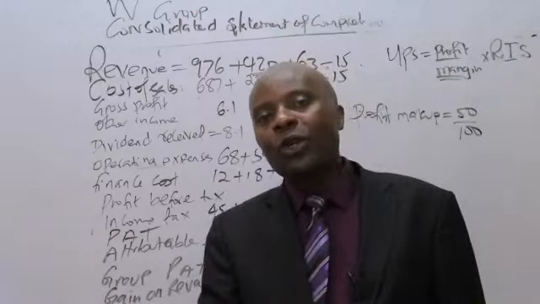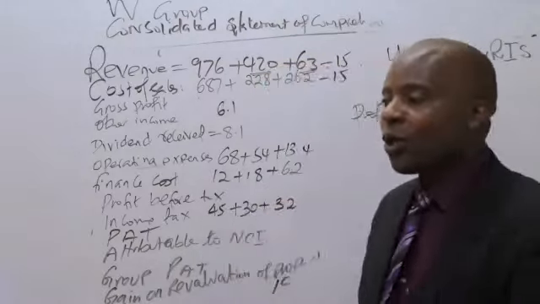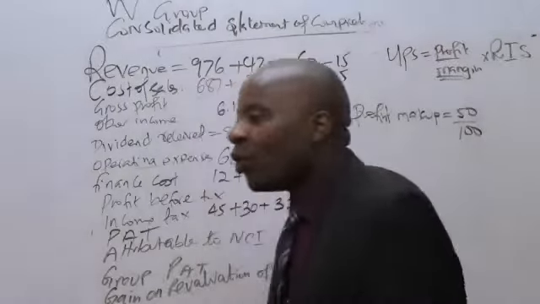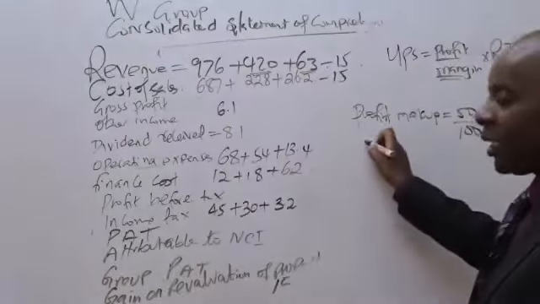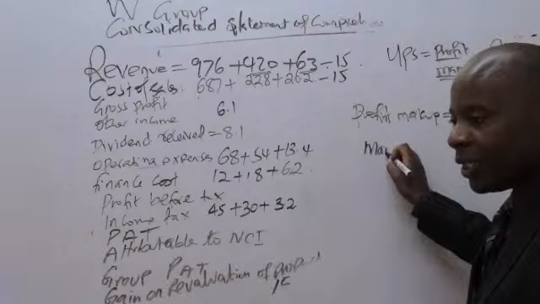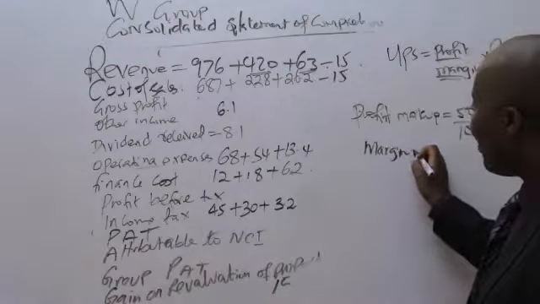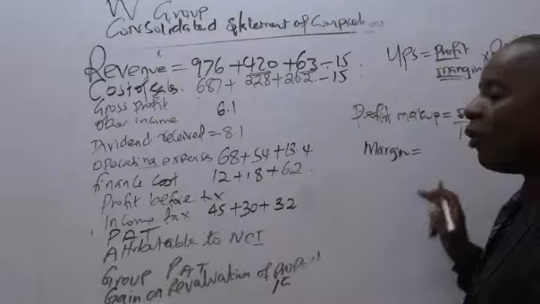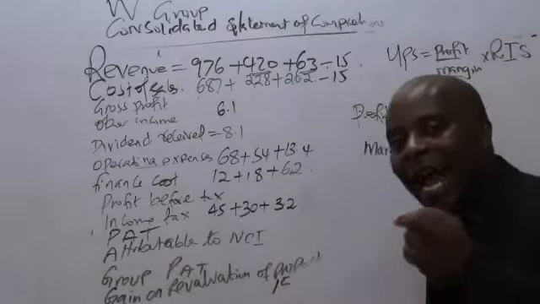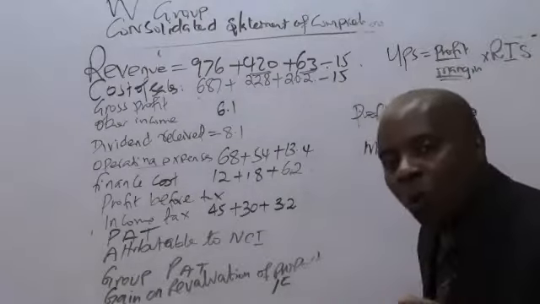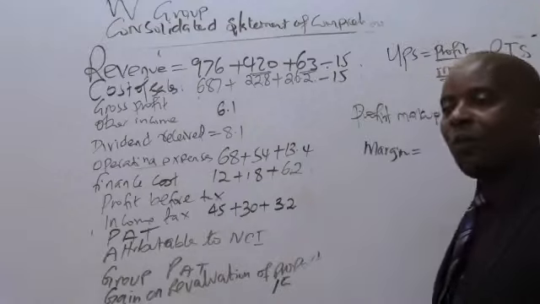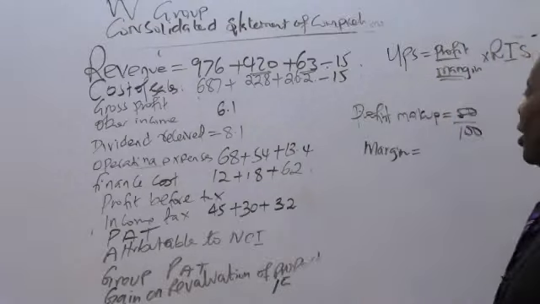So in group consolidation, we always prefer the margin. Margin has a bigger denominator. How do we get this bigger denominator?